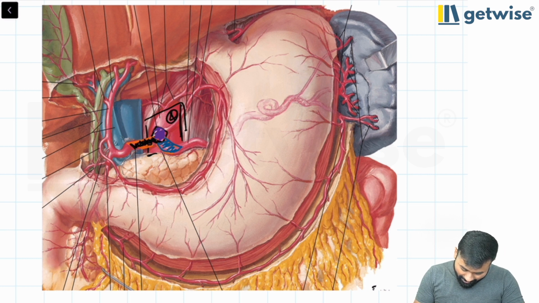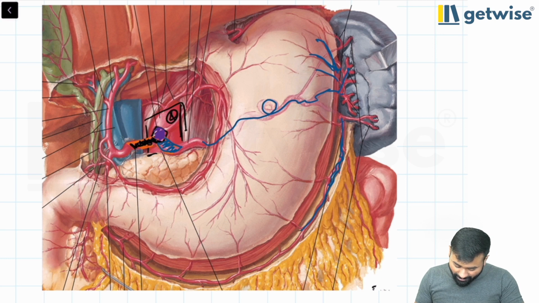The splenic artery runs behind the stomach and gives some branches like the short gastric arteries, these small branches, and a major branch on the inferior side, the left gastroepiploic artery.